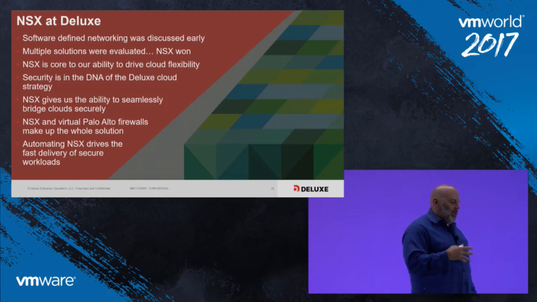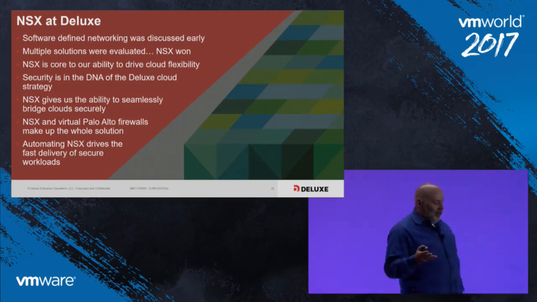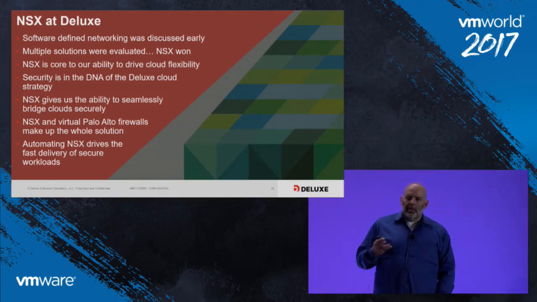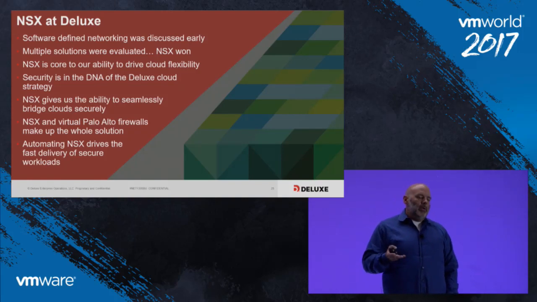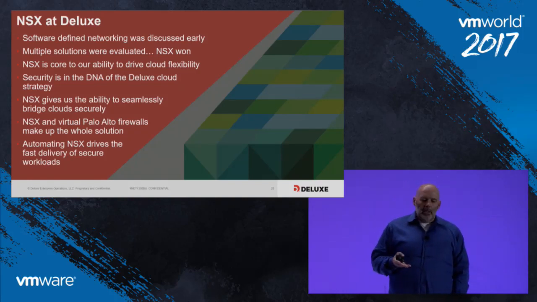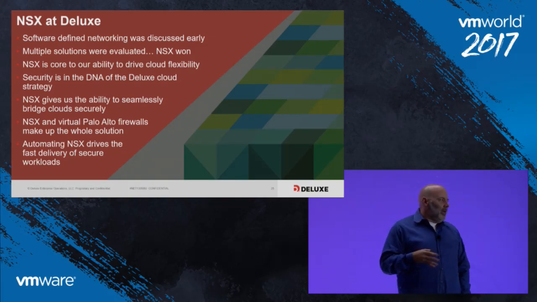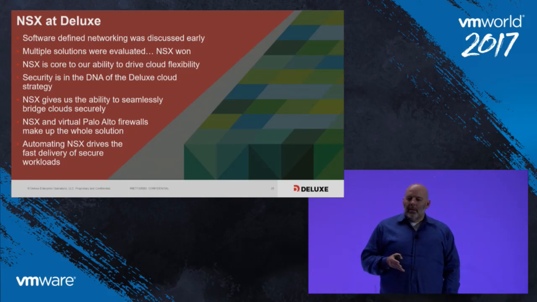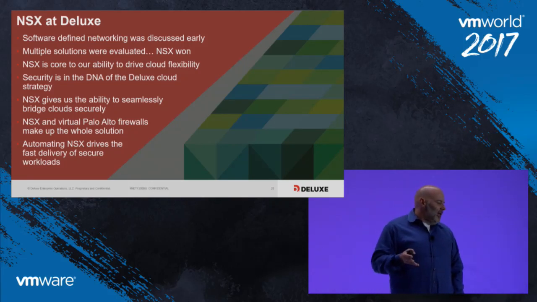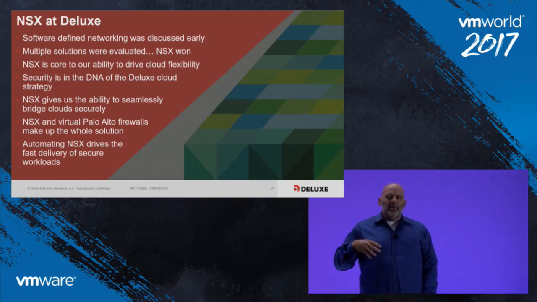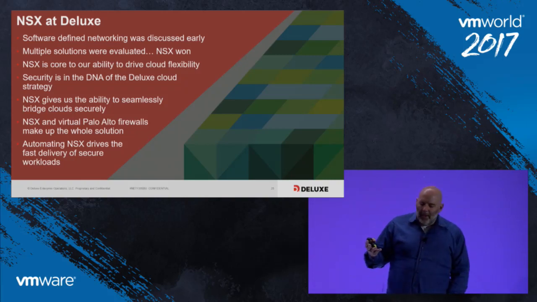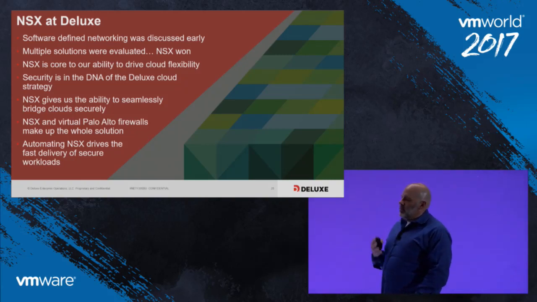And in fact, it was interesting. I was talking to one of the guys who works on my team this morning, and we were listening to the keynote and talking about AWS. As Pat Gelsinger was talking about VMware on AWS and the ease of portability of NSX, his eyes lit up, and he said, "Wow."